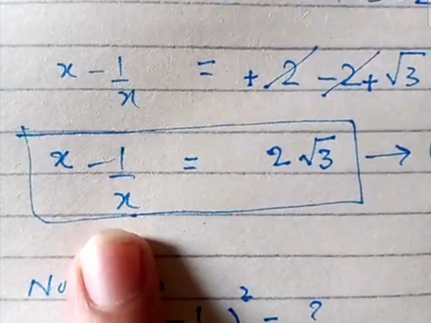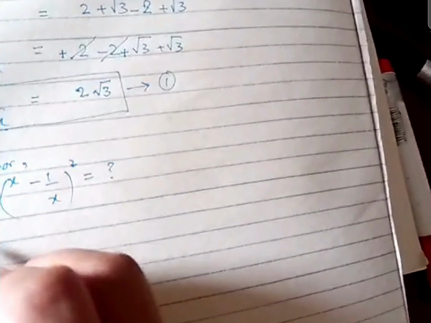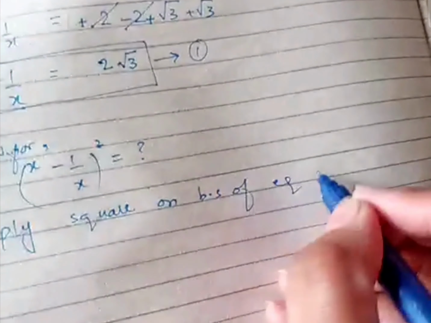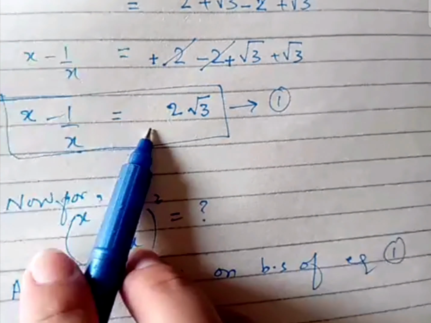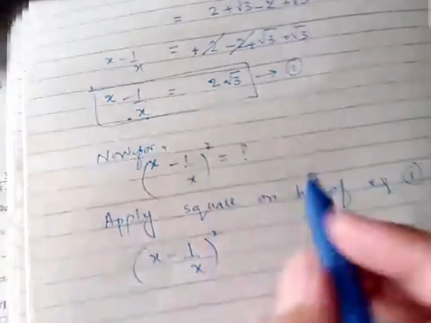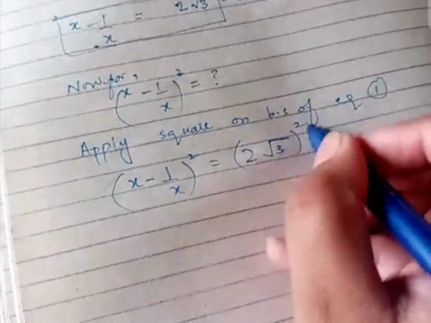So for this, you will apply square on both sides of equation number 1. Equation number 1 was x minus 1 by x is equal to 2 times square root 3. Apply whole square on it. So it will be x minus 1 by x whole square on the left side, equal to 2 times square root 3 whole square on the right side.